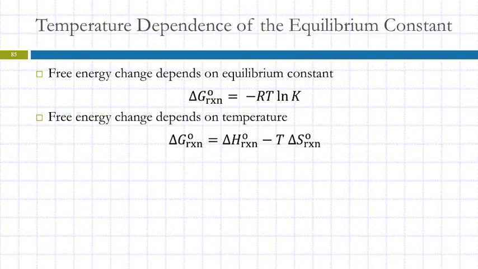So the free energy change depends on the equilibrium constant. The free energy change also depends on the temperature. Because with that earlier reaction, standard free energy change is equal to the standard enthalpy change minus T times the standard entropy change.